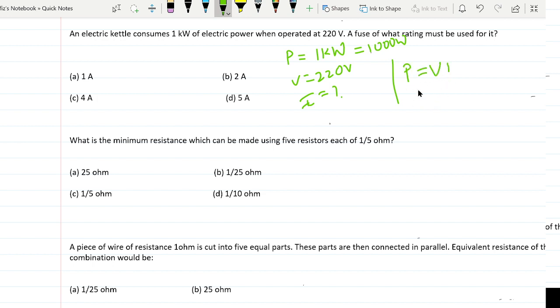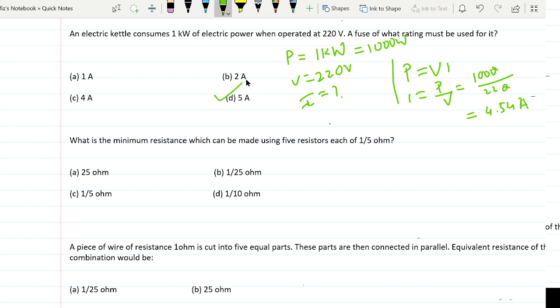P is equal to VI, so I is equal to P by V. P is 1000 divided by voltage 220. When you divide it you will get around 4.45 ampere. So what is the closest answer here?